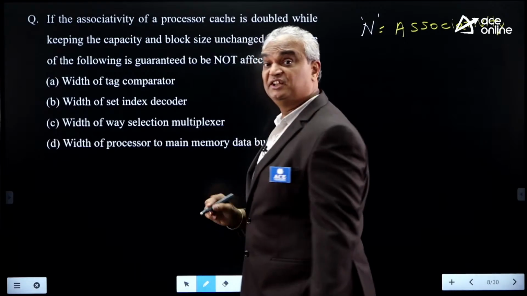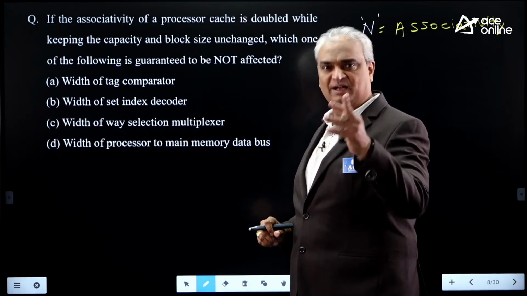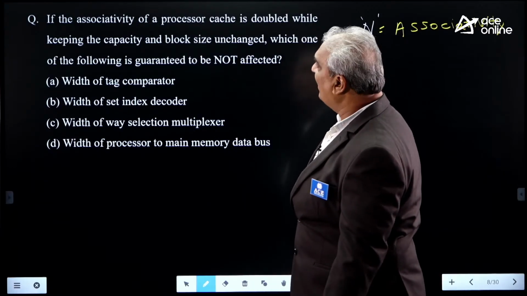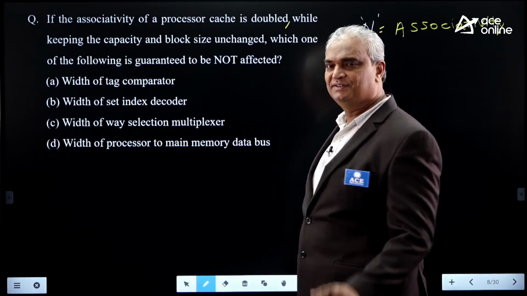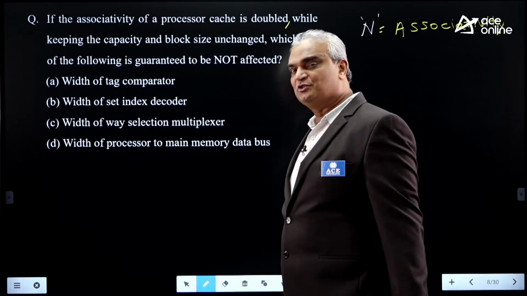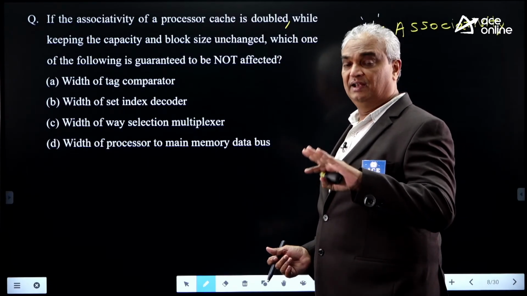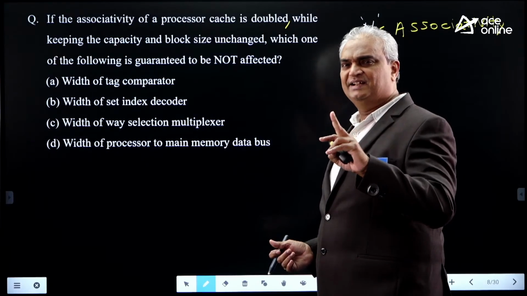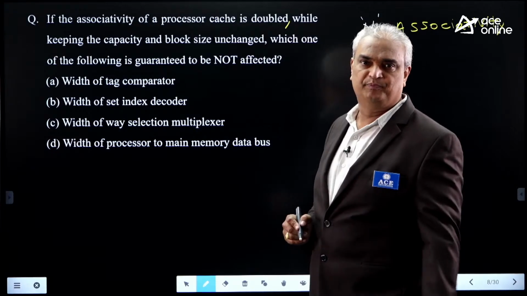Now associativity is doubled: right now it is 2, doubled means it becomes 4. The cache memory capacity and block size are unchanged, only associativity is changed.